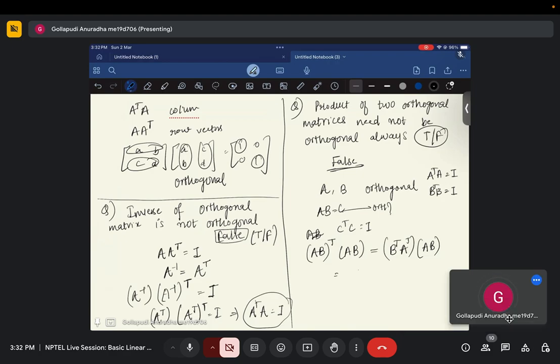So B transpose I B is again going to be I, which means the product is orthogonal. So the product of two orthogonal matrices is always orthogonal. Since the statement says it's not, it's a false statement.